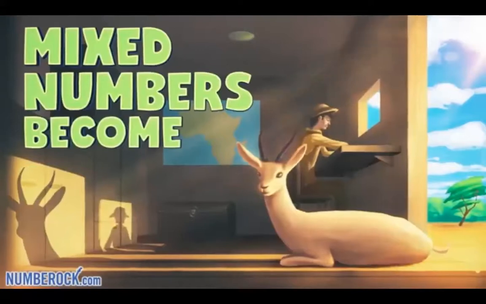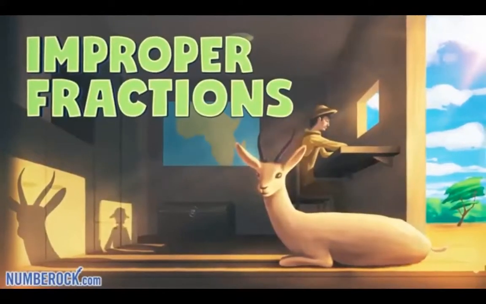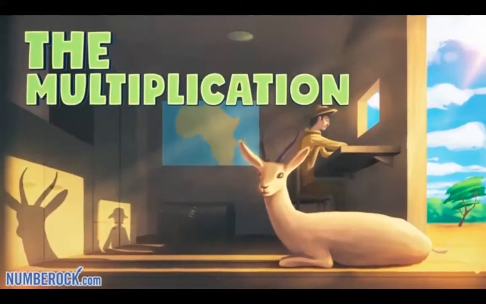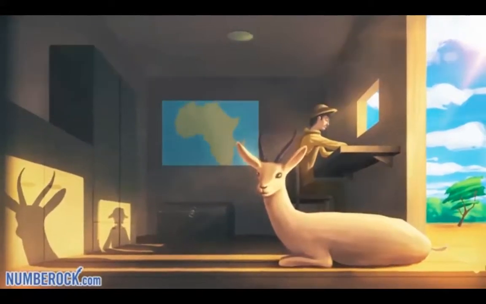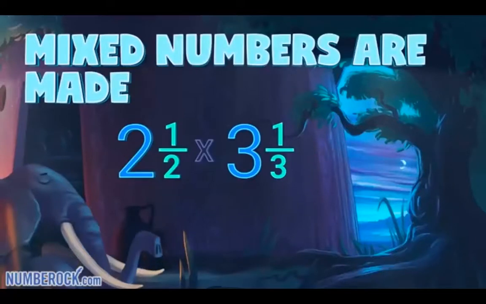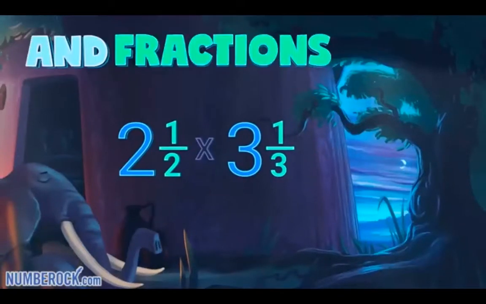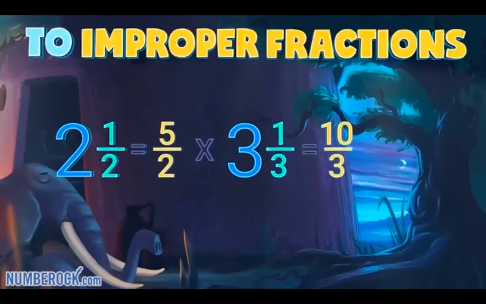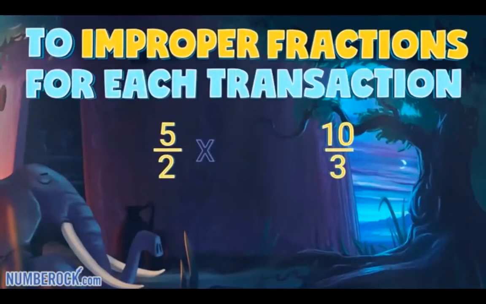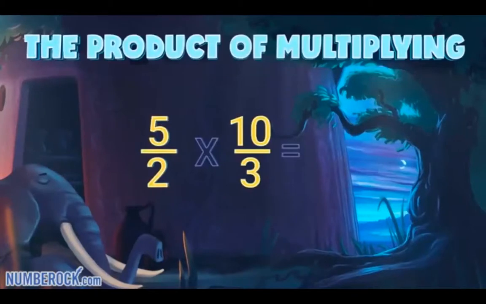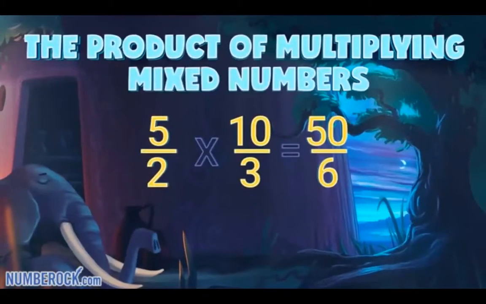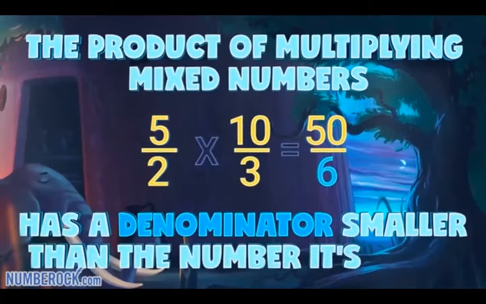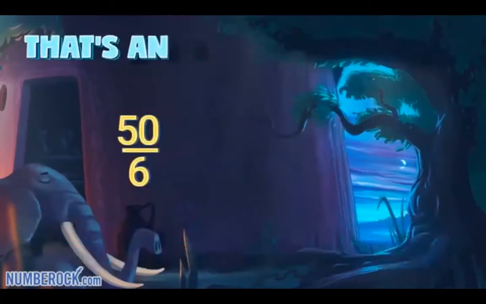Mixed numbers become fractions. Then we do the multiplication. Mixed numbers are made of whole numbers and fractions. To multiply, convert to improper fractions for each factor. The product of multiplying mixed numbers may have a numerator larger than the denominator.